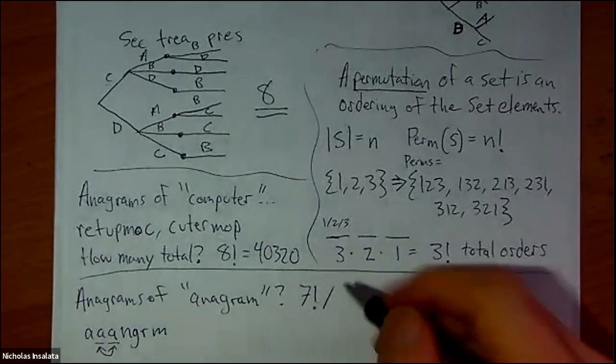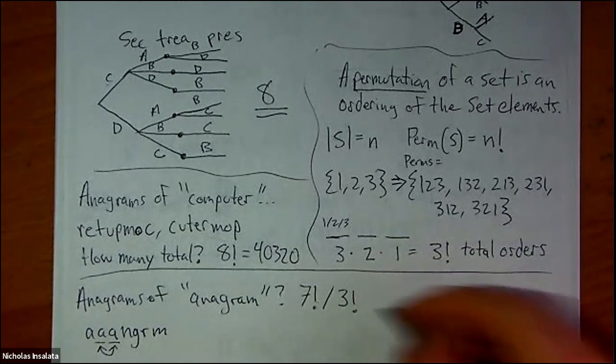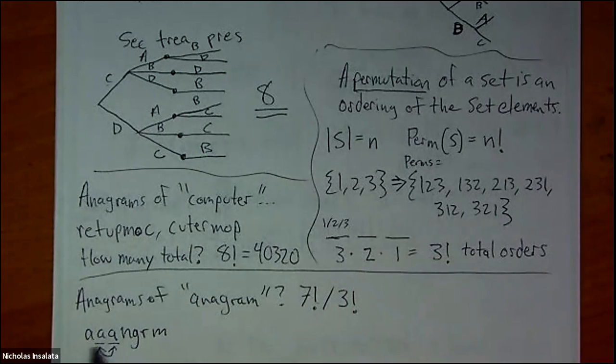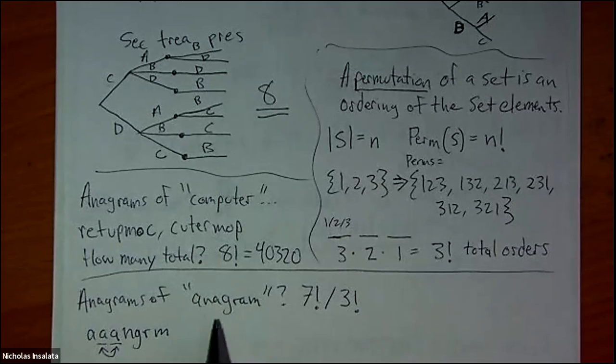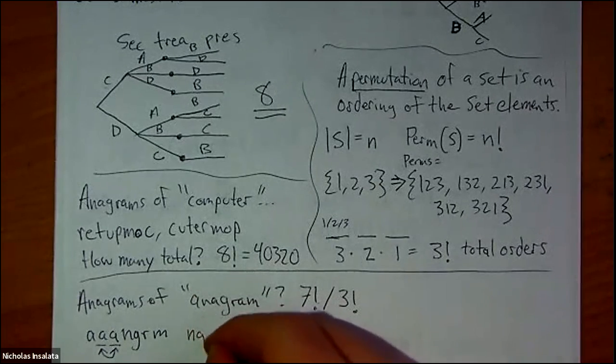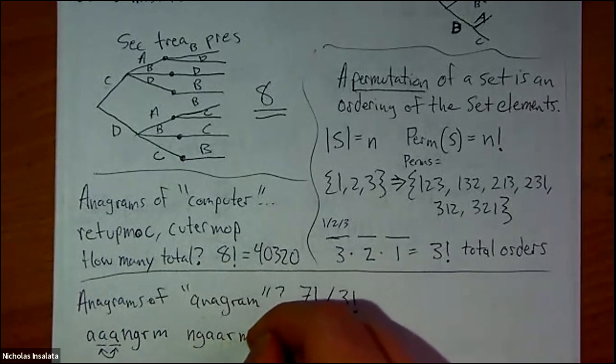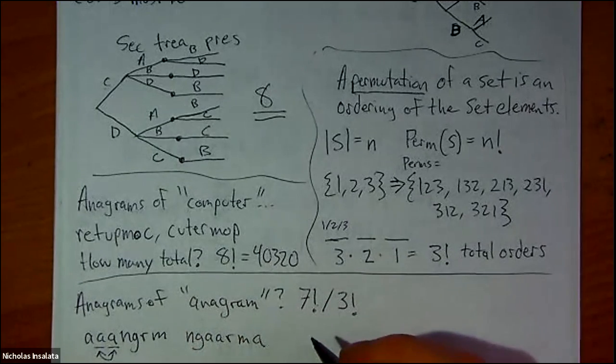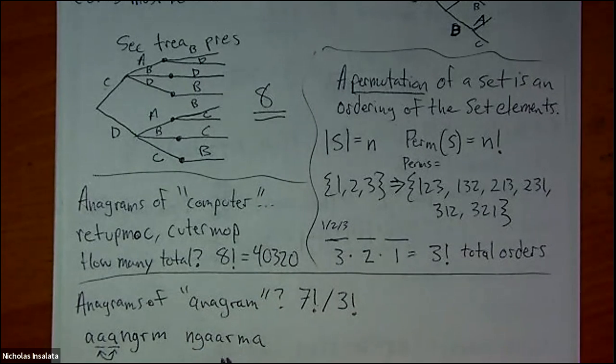Yeah, 3 factorial, good. Because there's 3 A's that could be in any order, right? So their order doesn't matter. That's the number of ways to arrange those A's. So for every anagram that we do, if we want to say N-G-A-A-R-M-A, Nagarma, right? Then in this case, you could switch these two A's with each other.